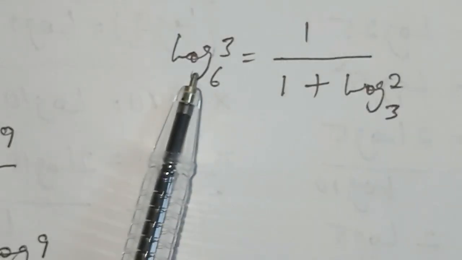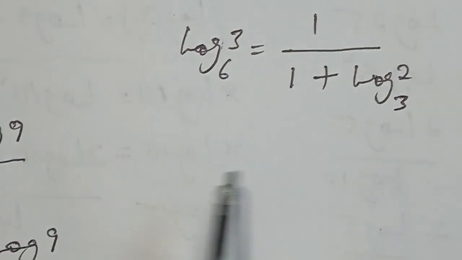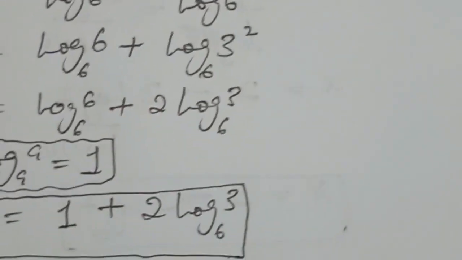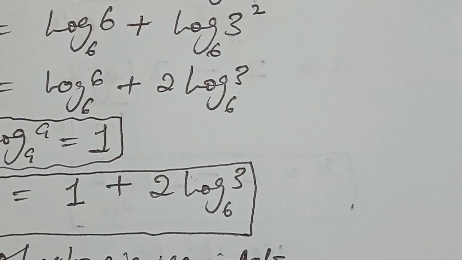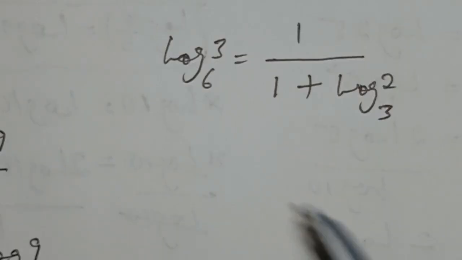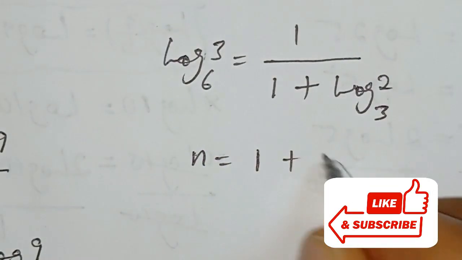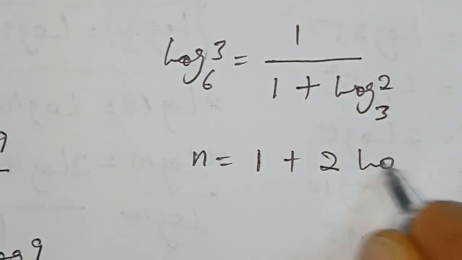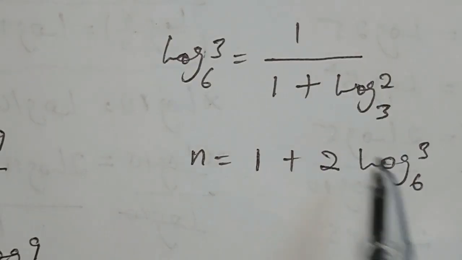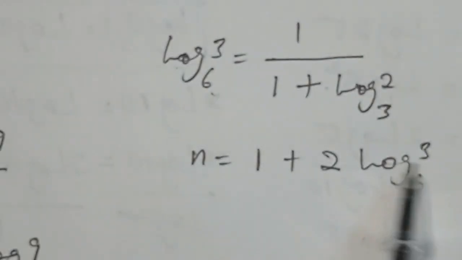Since log 3 base 6 equals this, and we have log 3 base 6 in our value of n, we now substitute this into that value. From our n, we have 1 plus 2 log 3 base 6, which we now replace with this.